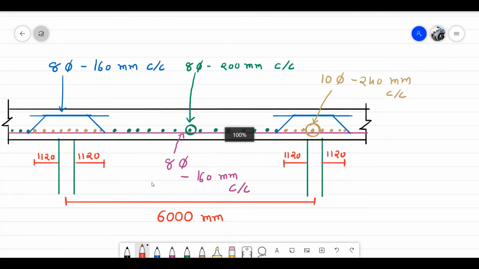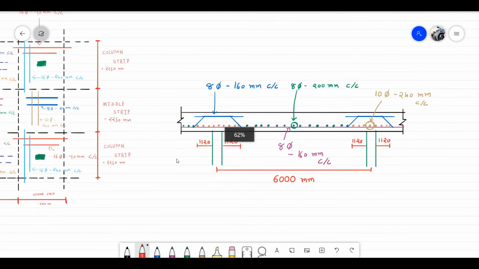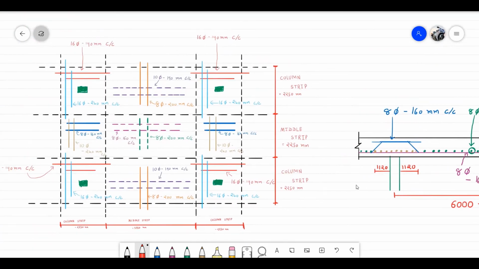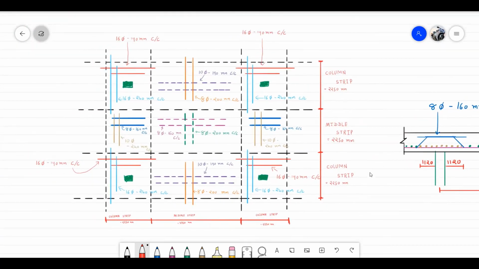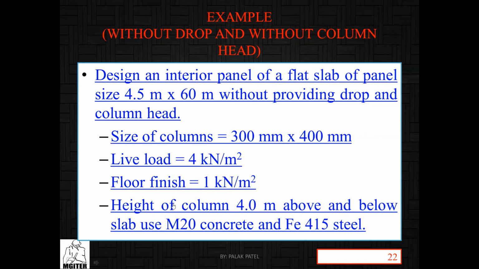So here the sketch is completed. I hope you understand how to design a flat slab without drop and without column head. So design of flat slab is completed without drop and without column head.